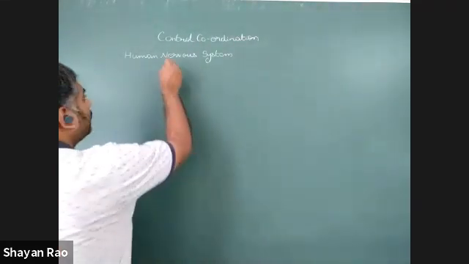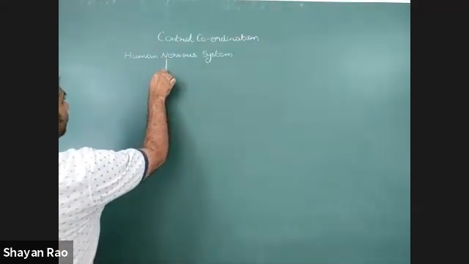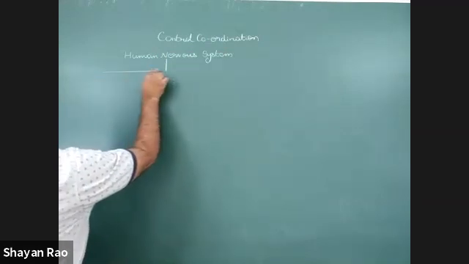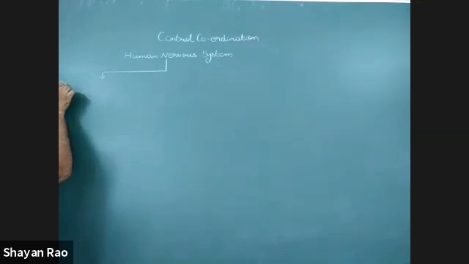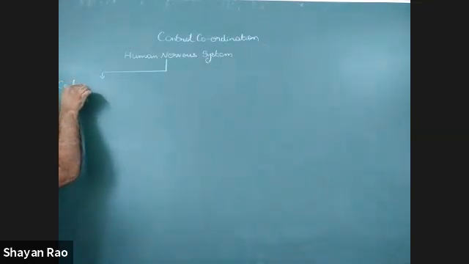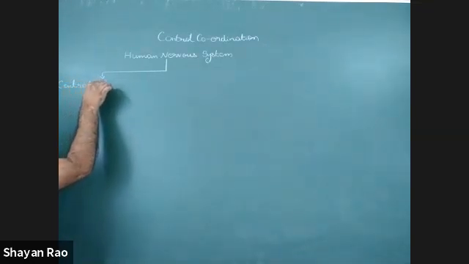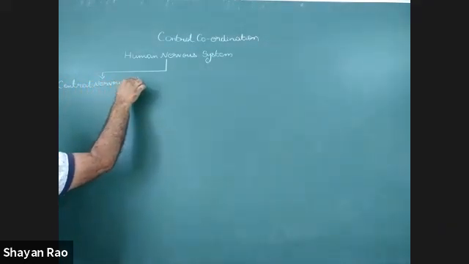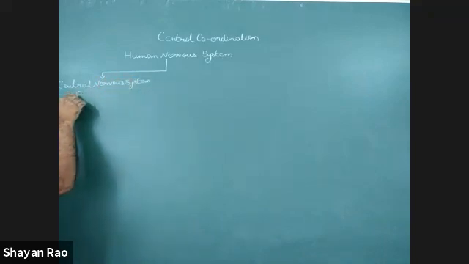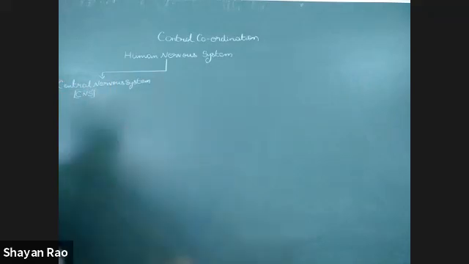So very first, the human nervous system is classified as, first thing called the central nervous system, which is CNS.